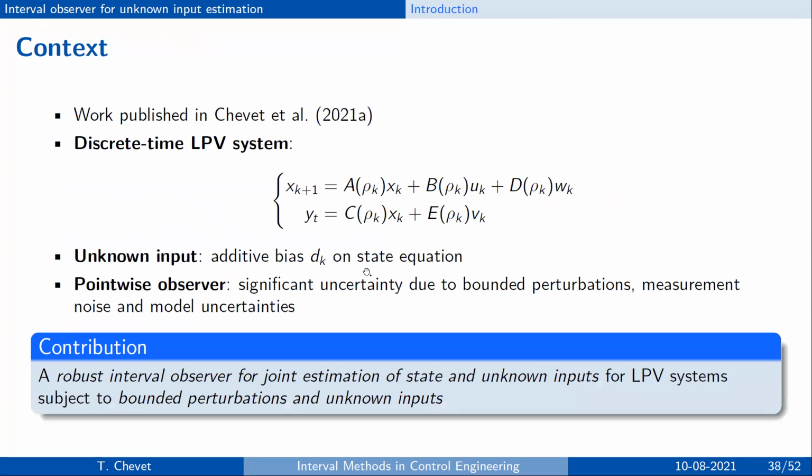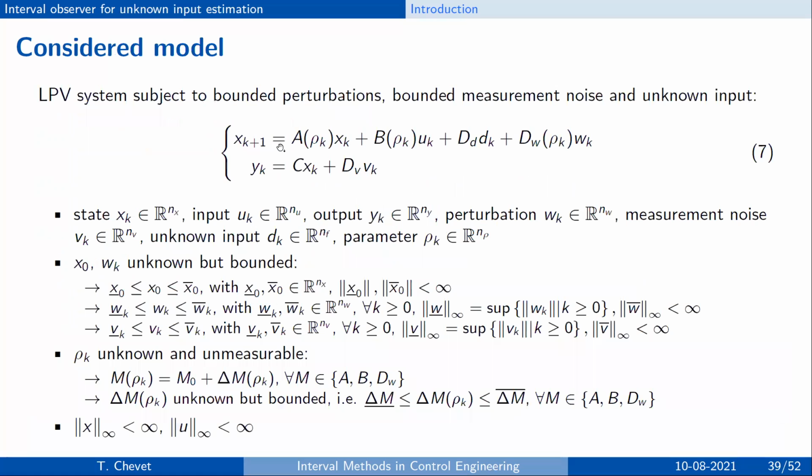I have the same assumption, an additive bias on the state equation, and we would have the same problem as in the zonotopic case with a pointwise observer. Then, in a paper yet to appear in the next Conference on Decision and Control, we proposed a robust interval observer used to estimate both the state and an input, as in the zonotopic case, but now for linear parameter varying systems.